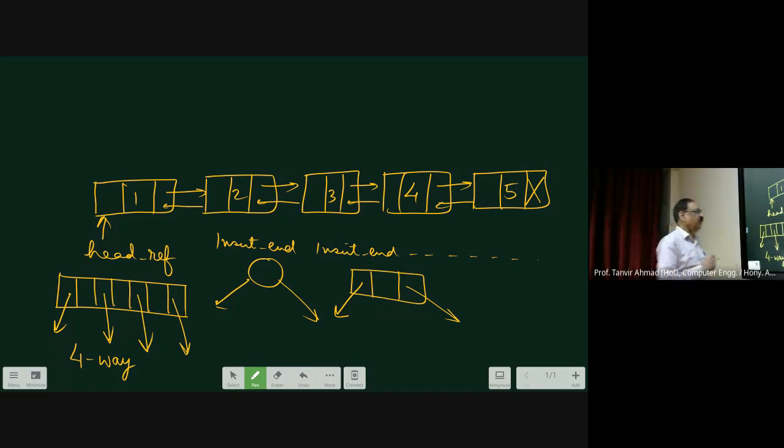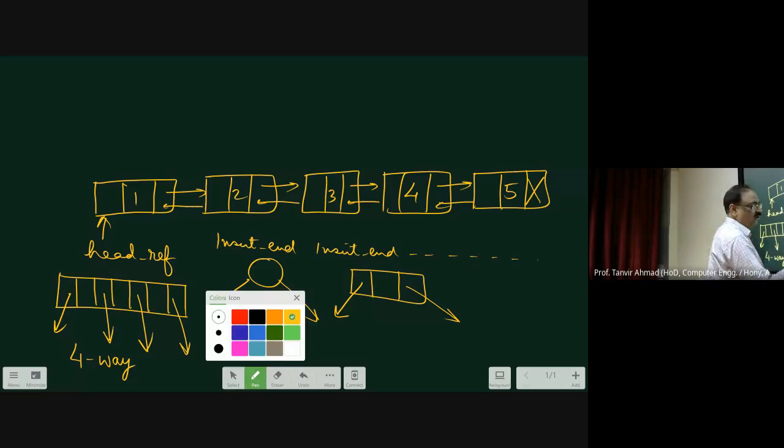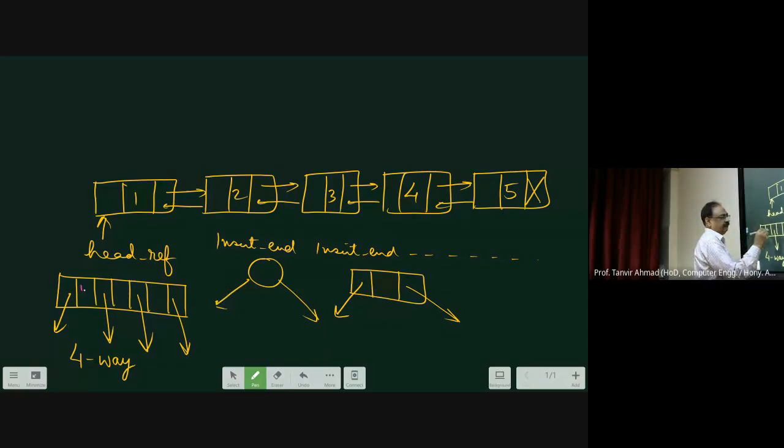Now I might write some values over here, say 5, say 20, 50. And this is a linked list with number of pointers equal to 4.